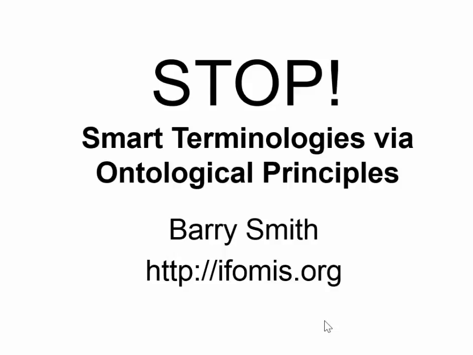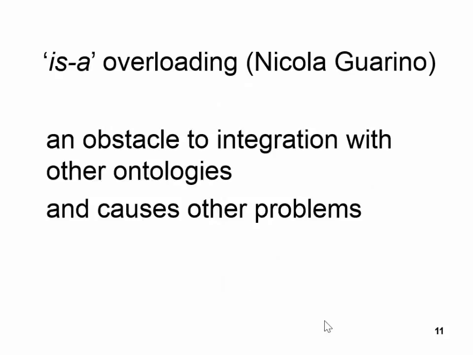So one kind of mistake is referred to in the literature of ontology as ISA overloading. So you remember I said the main relation in taxonomies is a subkind of, which is abbreviated as ISA. And the problem is that people use ISA to mean several different things and not just is a subkind of.